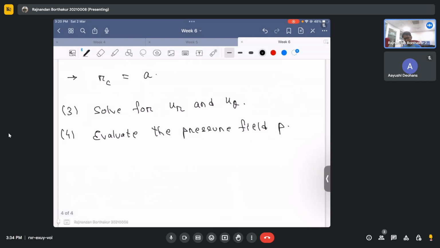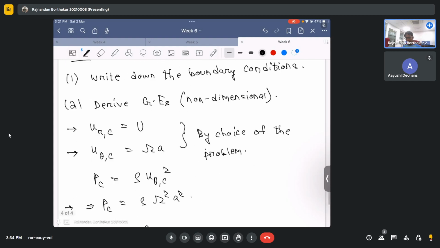The pressure boundary condition is that pressure when the radius tends to infinity is equal to P naught, which is the atmospheric pressure or any reference pressure that you can consider. So these are the tasks that you need to do.